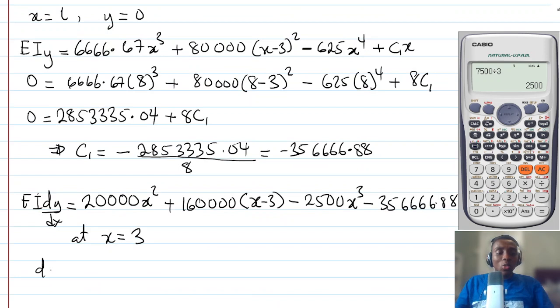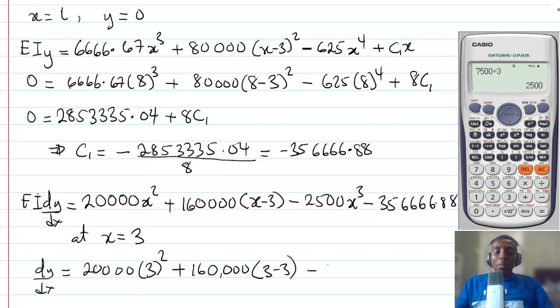So all what you have to do is to just simply substitute x equals 3, which is very easy, because it's going to be 20,000 times 3 squared plus 160,000 times 3 minus 3, which is 0, minus 2,500 times 3 cubed minus 35,666.88, isn't it?